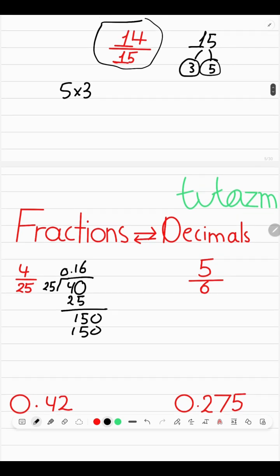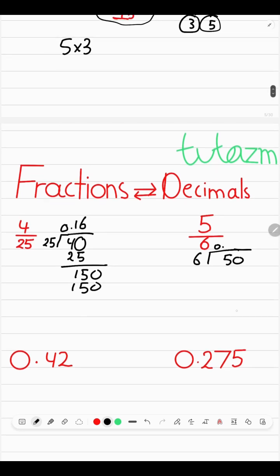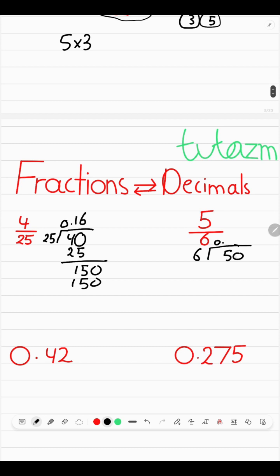Alright, let's free up this space and take a look at this one here. This one is a bit tougher because it is a recurring decimal, not a terminating decimal, but you'd use the exact same method basically. So it would be 5 and 6, and then here we can add a 0 and put a 0 point here, and then how many times does 6 go into 50?